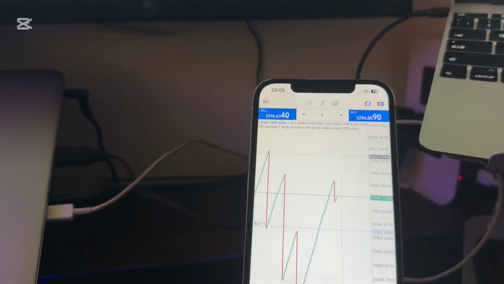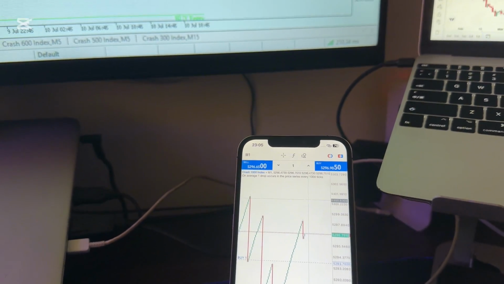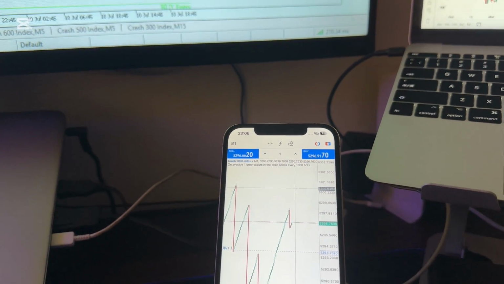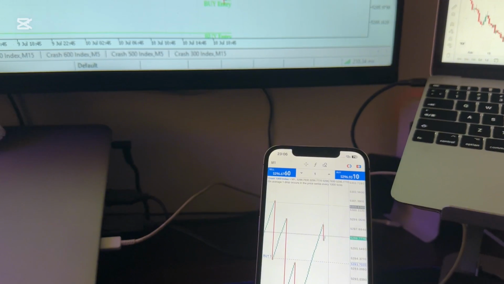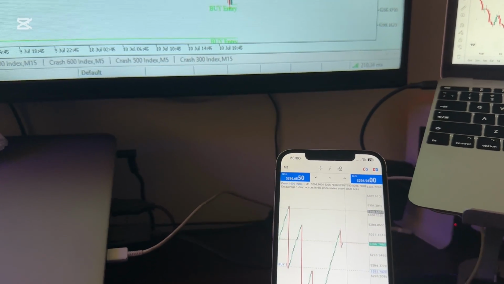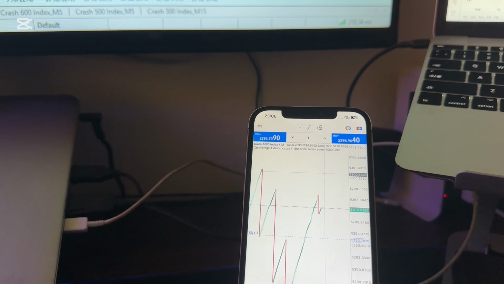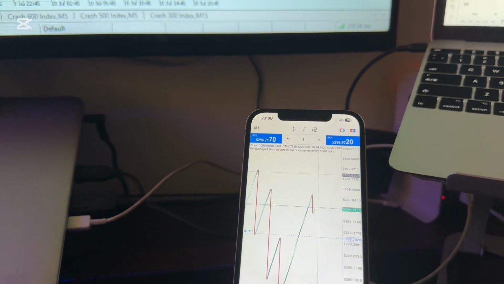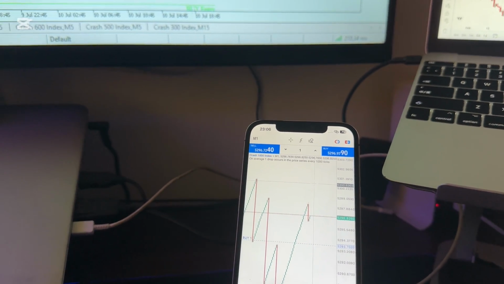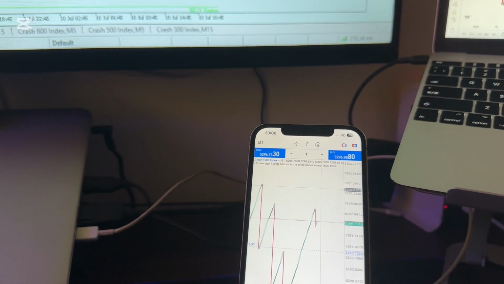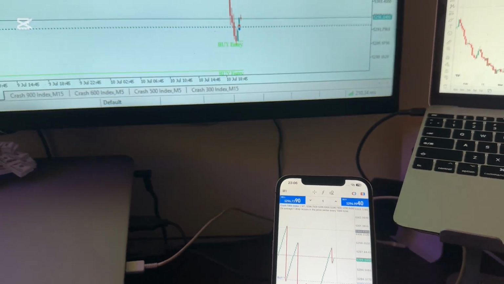But you're going to need to be composed when these things happen, and to be careful, and to just know to trust your trade, hold on, and know that not every time will price just push and go in your direction. Sometimes it will retrace, sometimes it will play with your emotions.